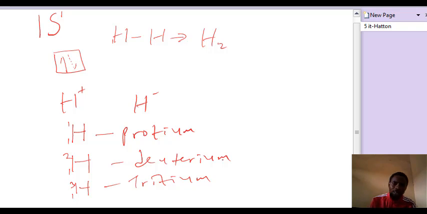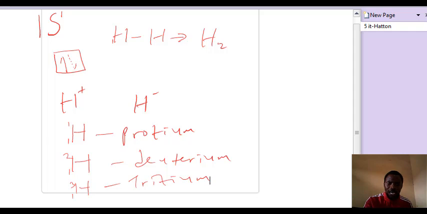So these are the 3 isotopes of hydrogen which must be noted. The 3 of them behave the same way chemically, but their physical properties are different.